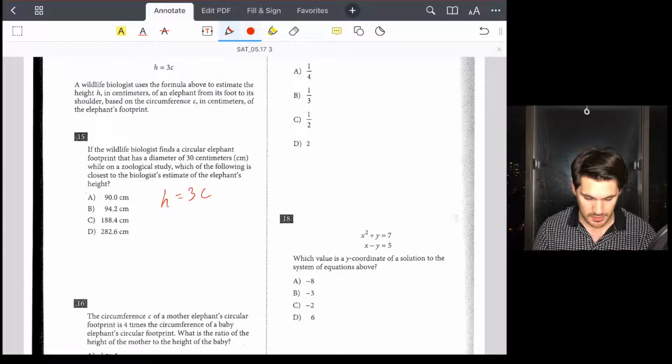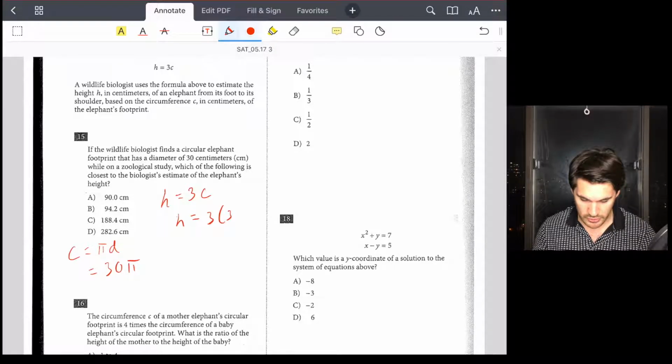The equation for circumference is c equals pi d, or 2 pi r. So this is going to be 30 pi. Cool. So we are actually going to replace c with 30 pi. So h is going to be equal to 3 times 30 pi, which is going to end up being D.